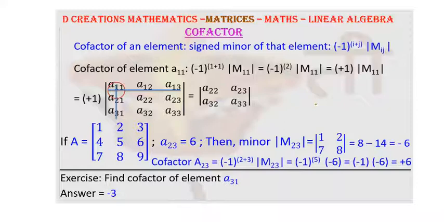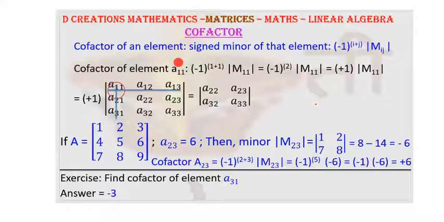Now what is a cofactor? A cofactor is basically a signed minor. That means after taking the determinant, you need to assign a sign to it. And how is it assigned? That sign comes from this: minus 1 raised to i plus j. So i is the number for the row and j is the number for the column.